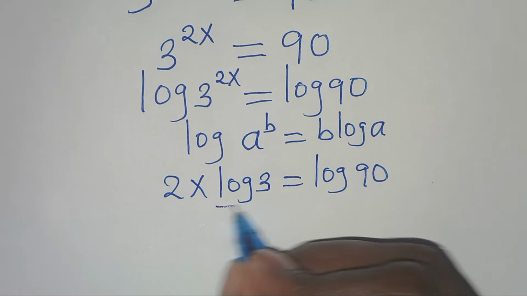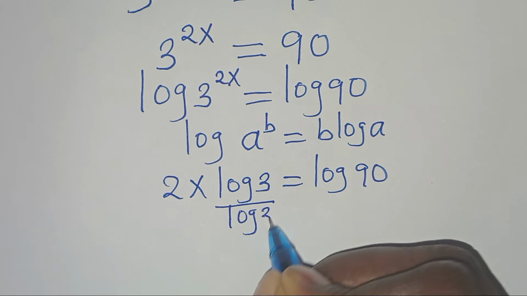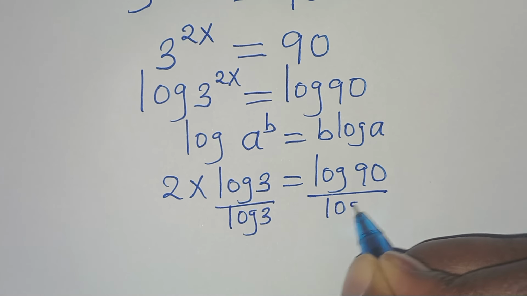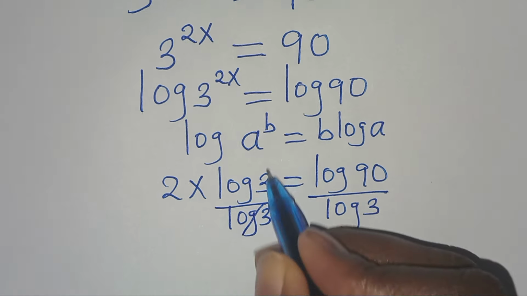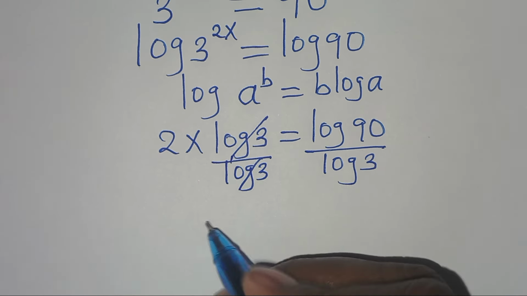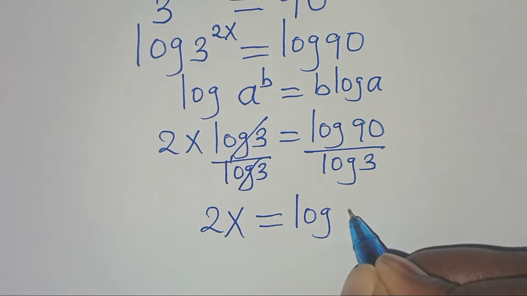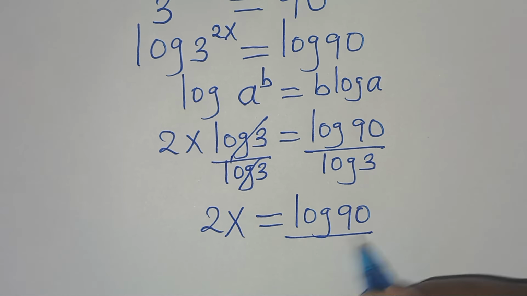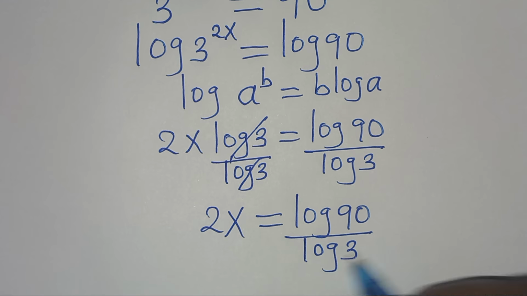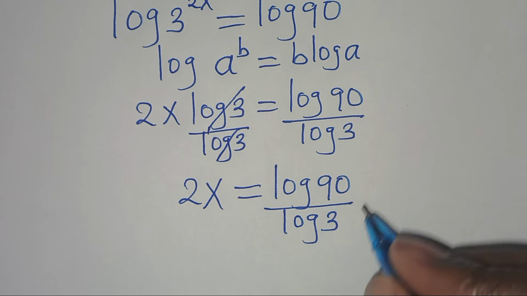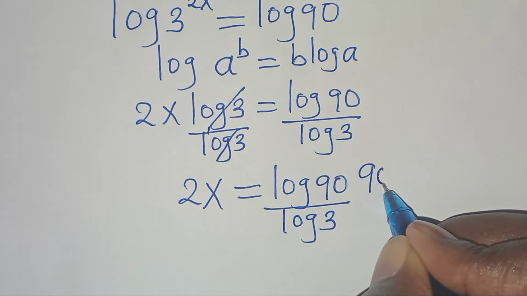So let's divide both sides by log 3. Also here we have log 3. So let's simplify here. So that now we have 2x. This is equal to log 90 divided by log 3. The next step is that we can express 90.